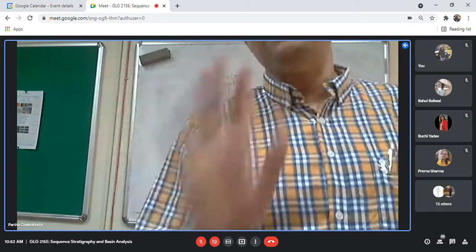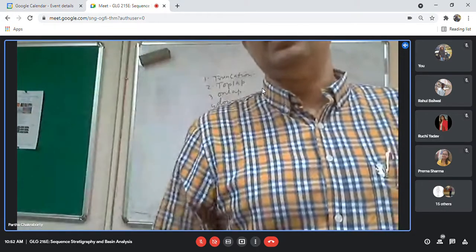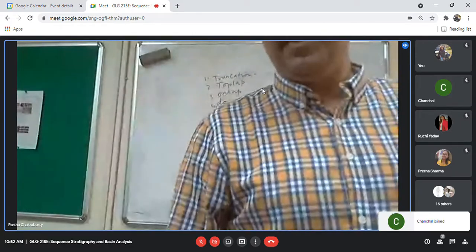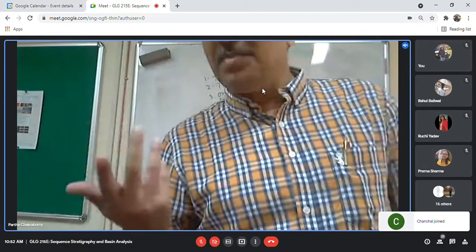These 5 surfaces, in seismic stratigraphy terms, are tied up with sequence stratigraphy. What is the meaning of these 5 surfaces?